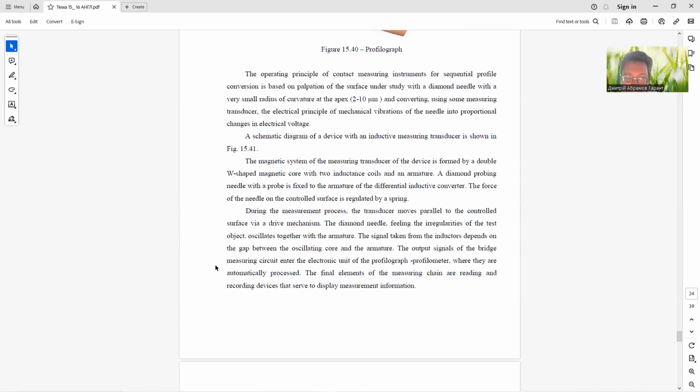A schematic diagram of a device with an inductive measuring transducer is shown in figure 15.41.